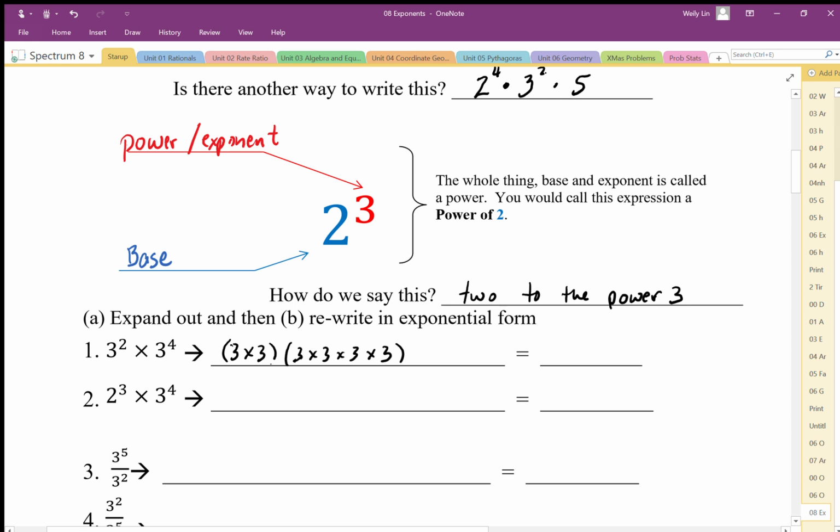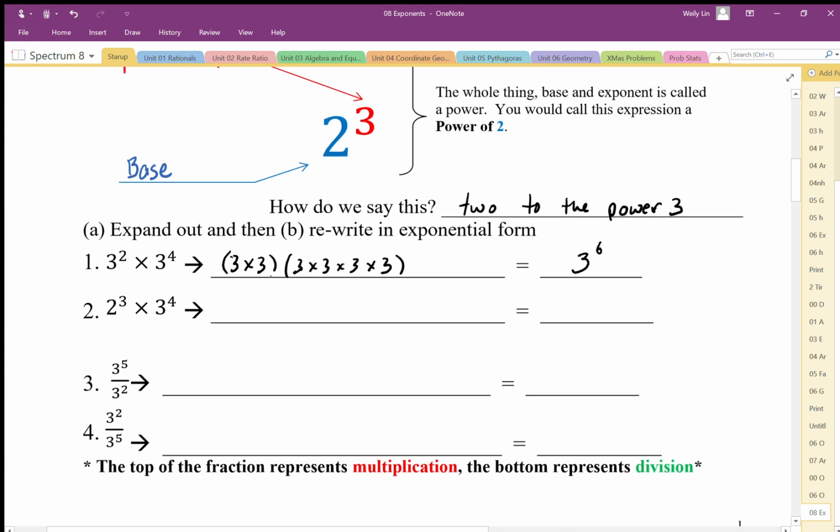Okay, and then since it's all multiplication, everything is just connected by multiplication, I'm counting repeated multiplication. So I can just rewrite it as an exponent. I use the multiplier 3. I can just count them up: 1, 2, 3, 4, 5, 6 times. Okay, so I write it as 3 to the power 6.